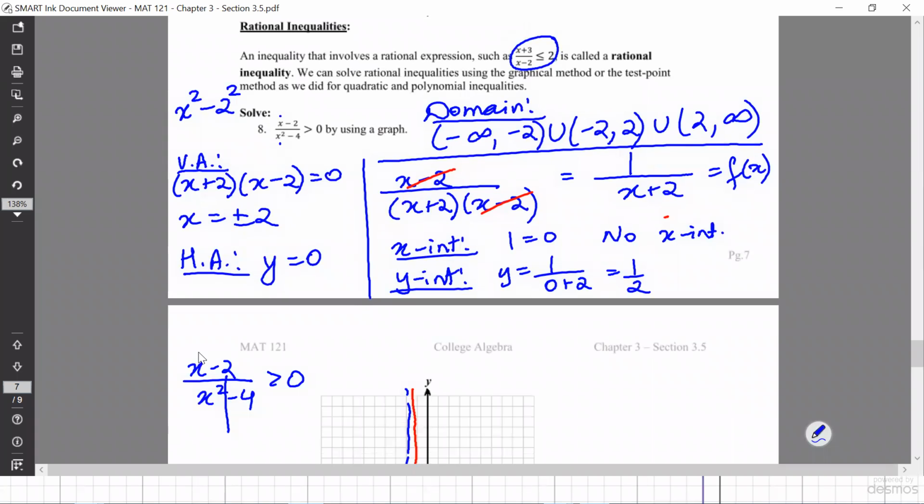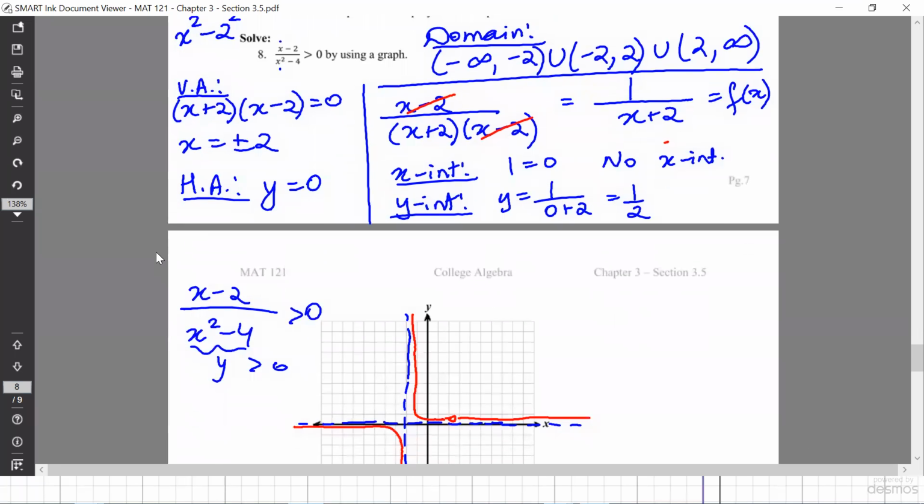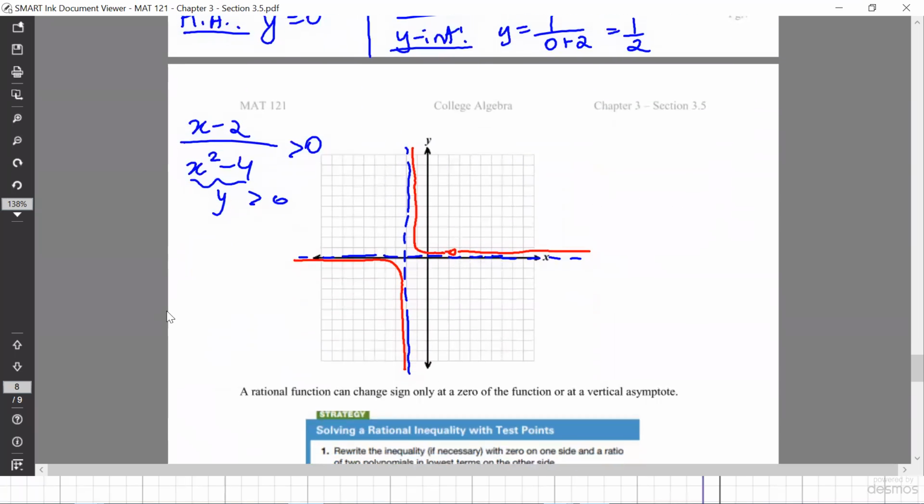So basically we are saying, when is y greater than 0? So which part of the graph, bless you, which satisfies our inequality?